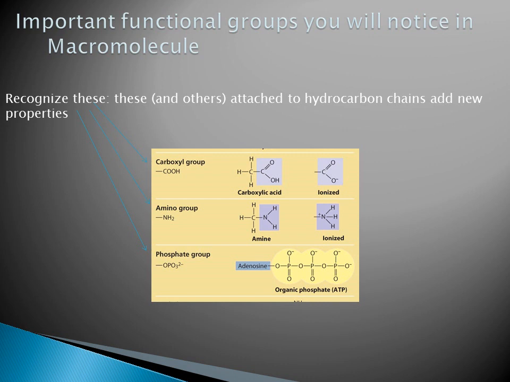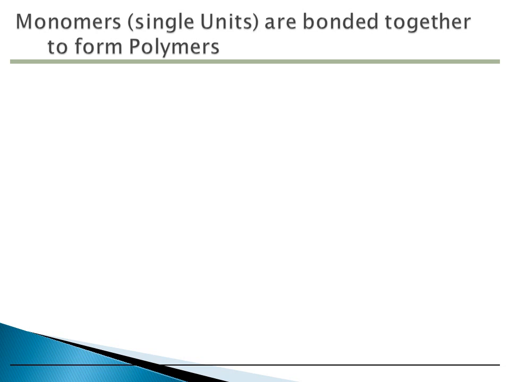You'll notice amino groups. Both of them you'll notice in proteins when you start looking at the biological molecule protein. The phosphate group, you'll notice that in nucleic acids. You'll notice that in phospholipids. So you'll see some of these functional groups over and over again within the biological molecules. So keep these ones in mind as you explore the biological molecules in your future videos and future parts of your assignment. So we've taken these carbons, we've made chains, we've added these functional groups.